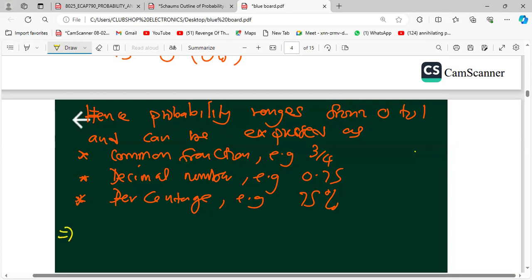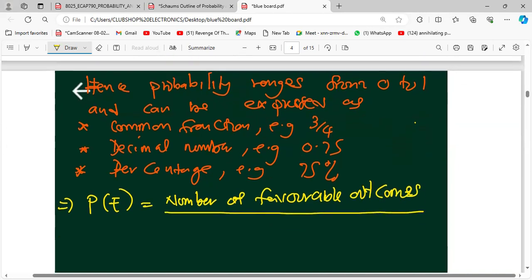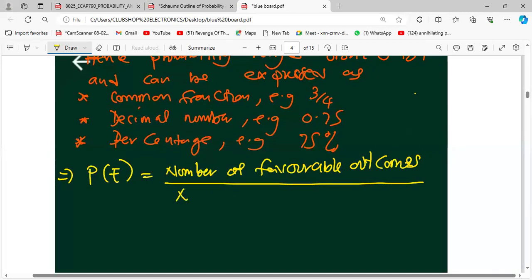So now, this implies that as a formula, we are saying probability of an event is equal to the number of favorable outcomes divided by the number of all possible outcomes.